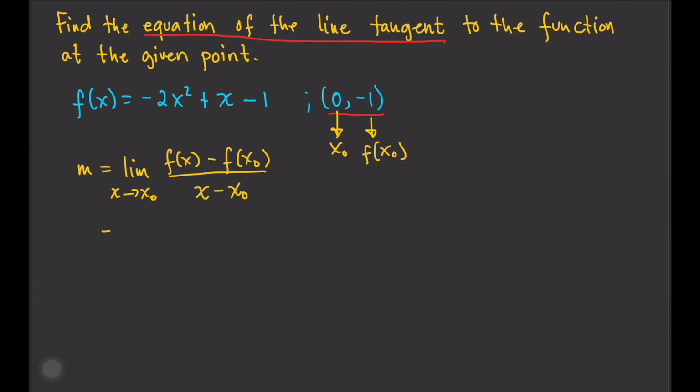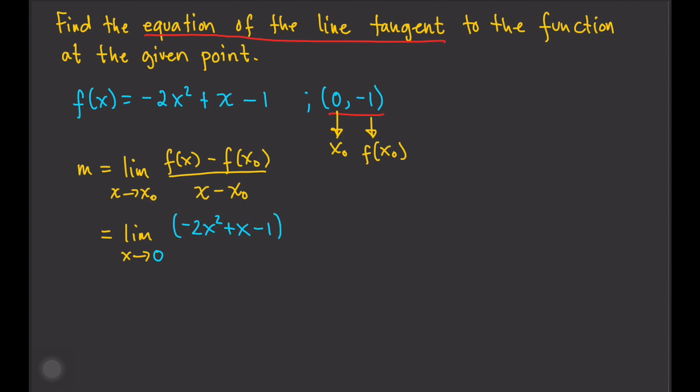So then that equals the limit as x approaches x sub o, which is 0, so let's replace that. I'm going to use a different color. Then you have f of x, which is negative 2x squared plus x minus 1.